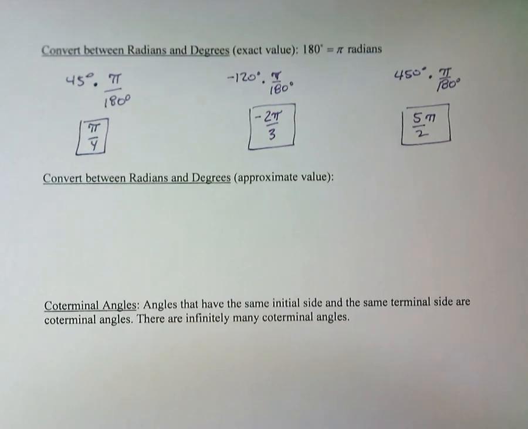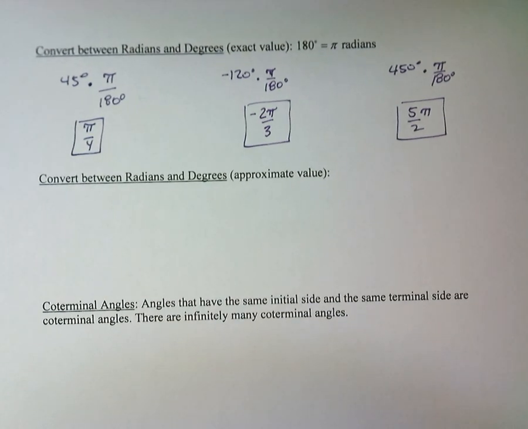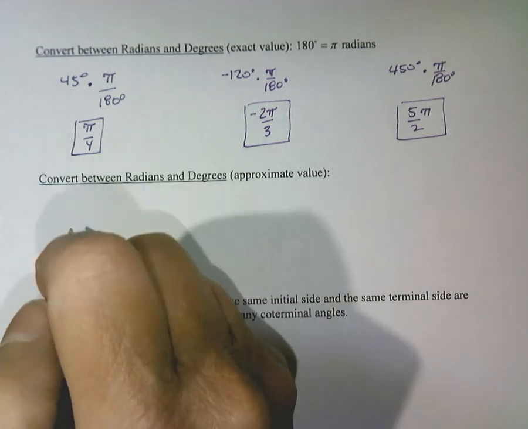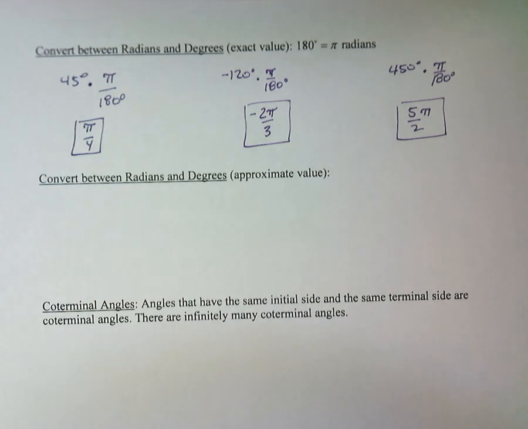I can also convert between radians and degrees when it's an approximate value. So if I had 5 pi over, let's go back a second. I forgot, I want to do degrees. This was degrees to radians.